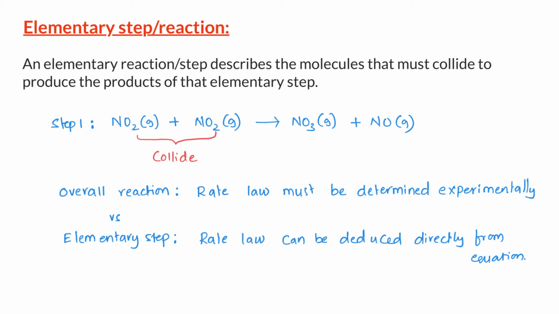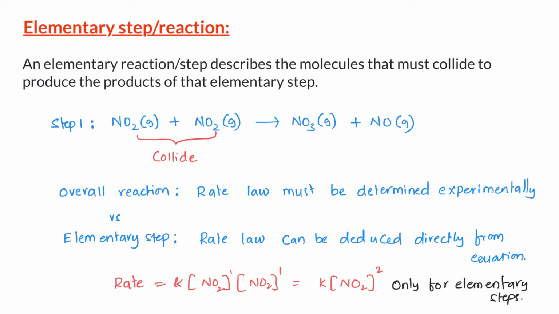For this elementary reaction, the rate law is equal to some constant k times NO2 to the power 1 times NO2 to the power 1, which is equal to k times NO2 to the power 2. Note that we can only do this for an elementary reaction or an elementary step of an overall reaction.